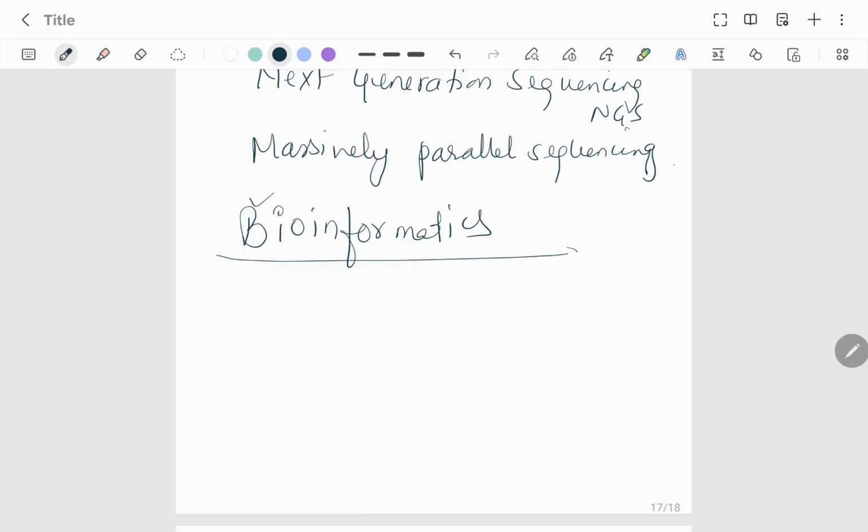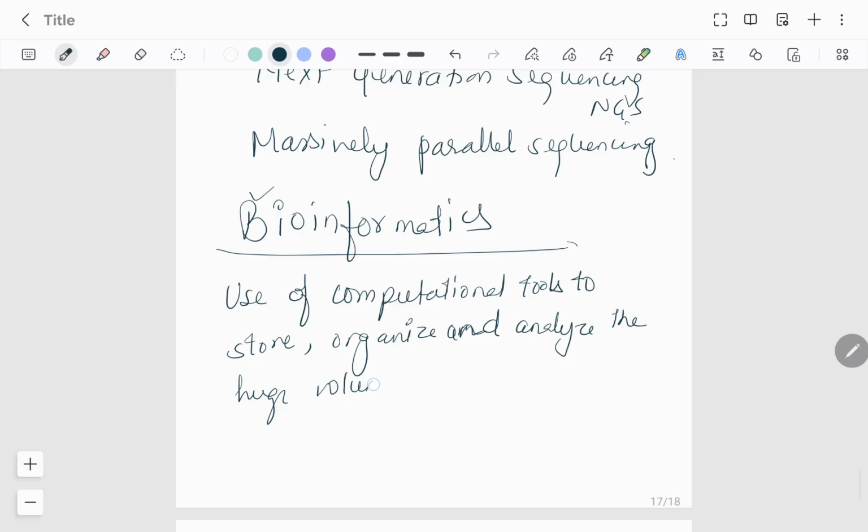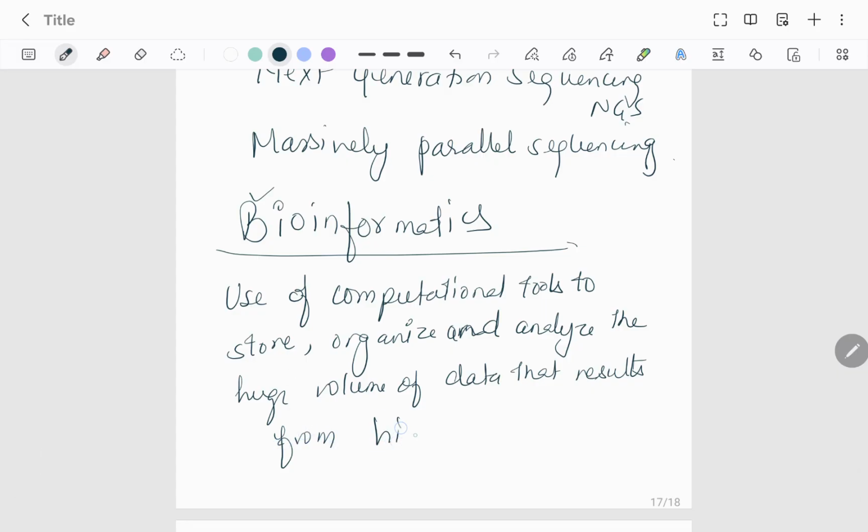This is bioinformatics: the use of computational tools to store, organize, and analyze the huge volume of data that results from high throughput methods.